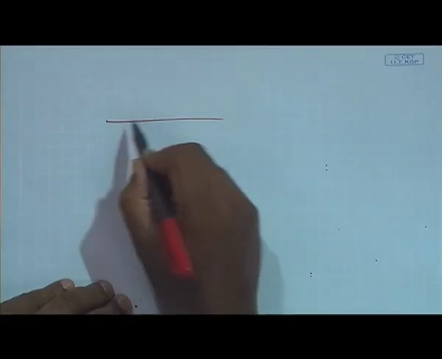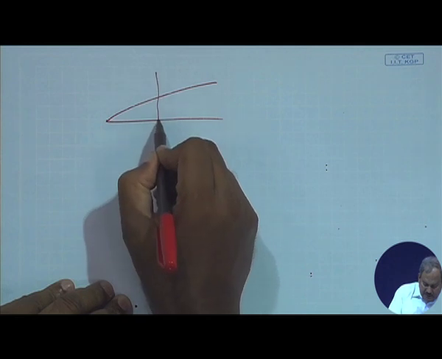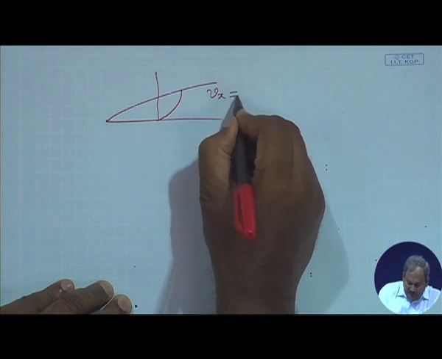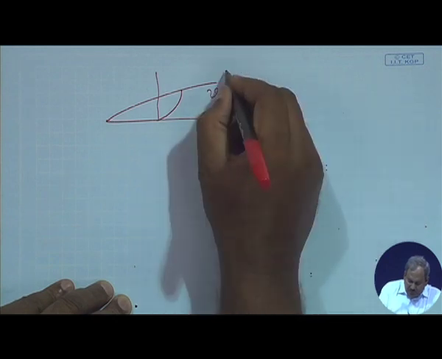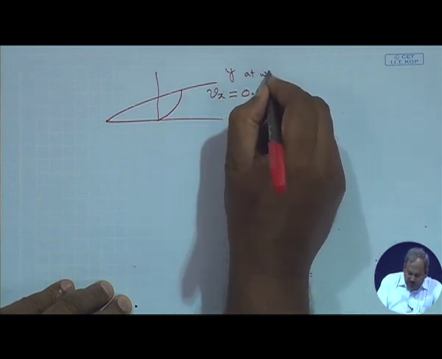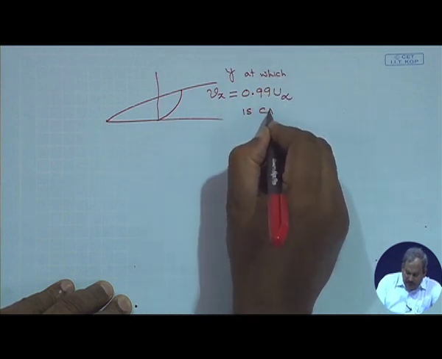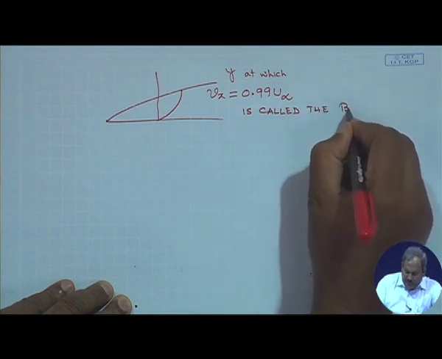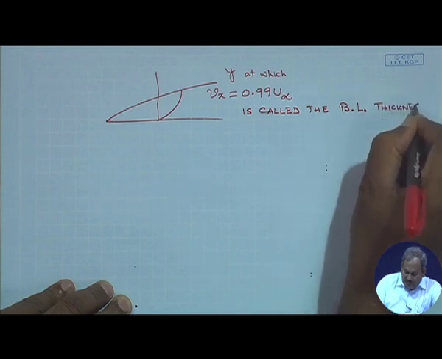So the common practice for the boundary layer thickness is the y at which the velocity Vx is equal to 99% of the free stream velocity, that is Vx is 0.99 u infinity.